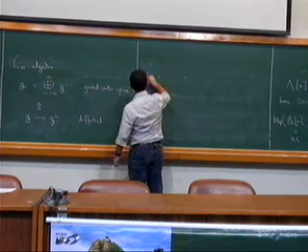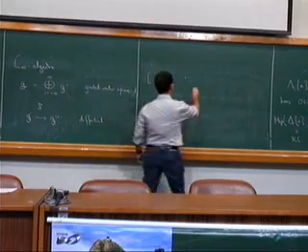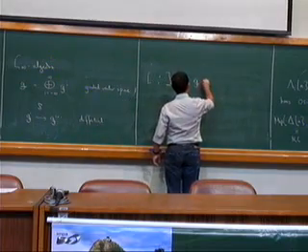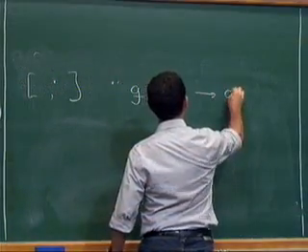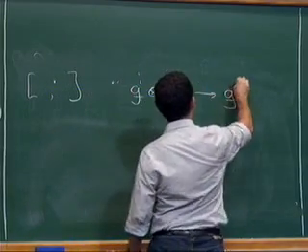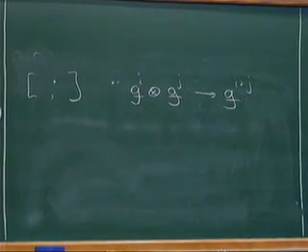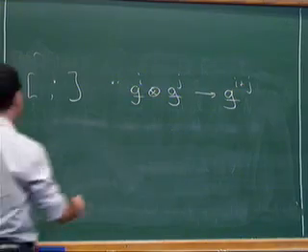And now we have a bracket. So this goes from G tensor G to G. Actually, it goes from Gi tensor Gj to Gi plus j. And it's graded antisymmetric.